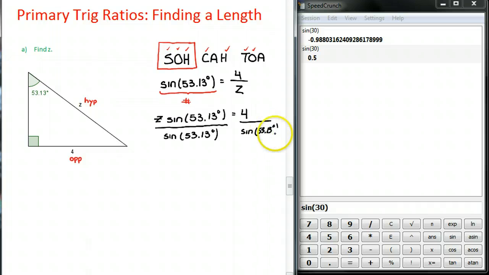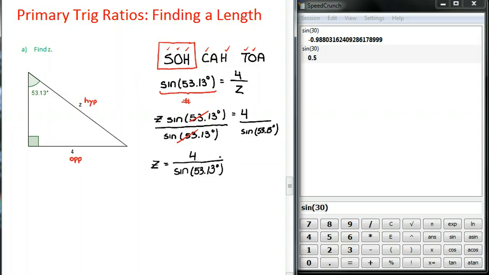What happens then is these cancel out. So therefore z is equal to 4 over the sine of 53.13 degrees.